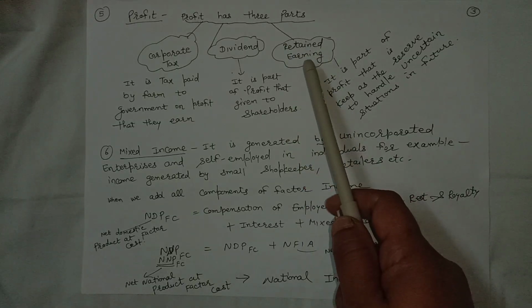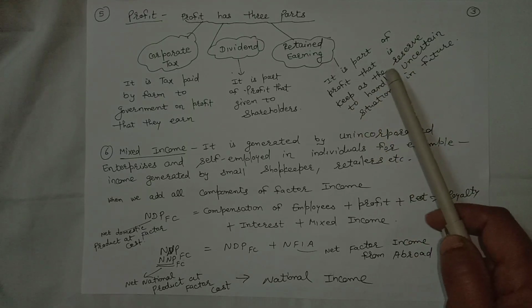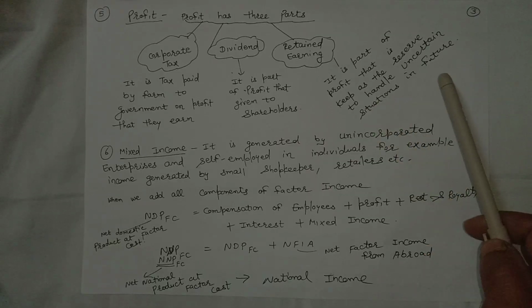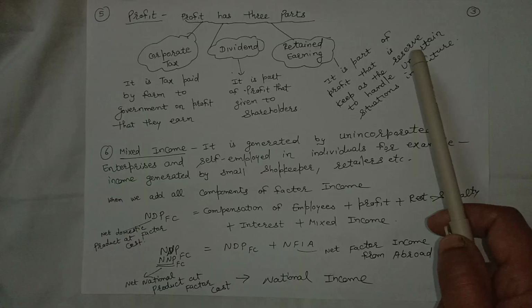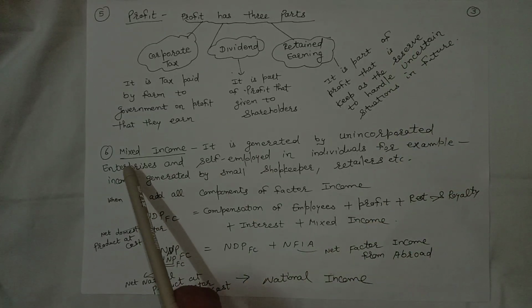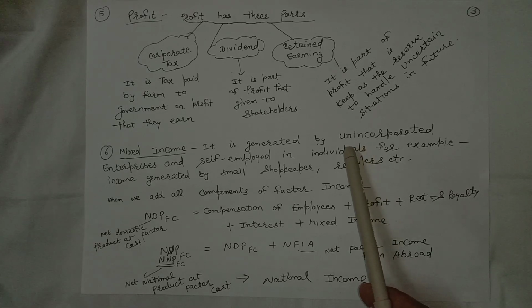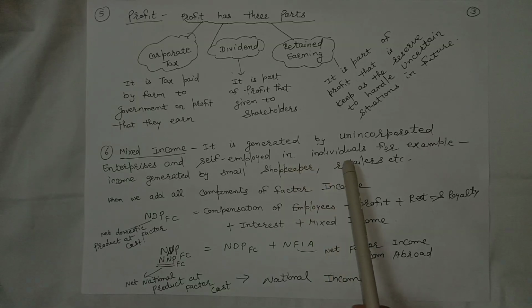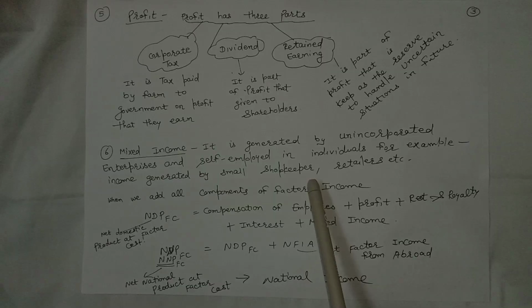What is retained earnings? It is the part of profit that is kept as reserve to handle uncertain situations in the future. Now the last is mixed income. It is generated by unincorporated enterprises and self-employed individuals, for example income generated by small shopkeepers, retailers, etc.